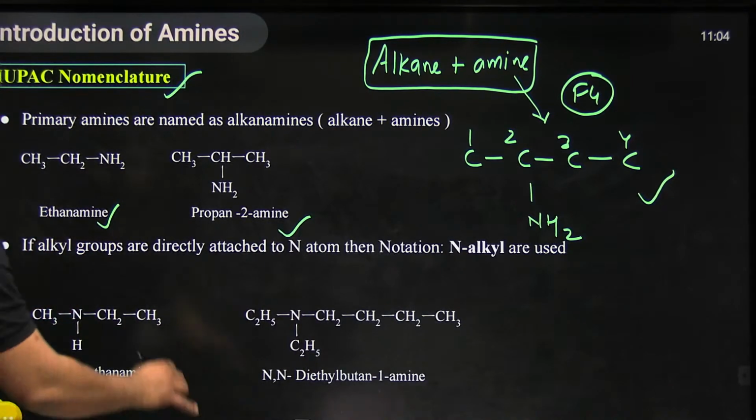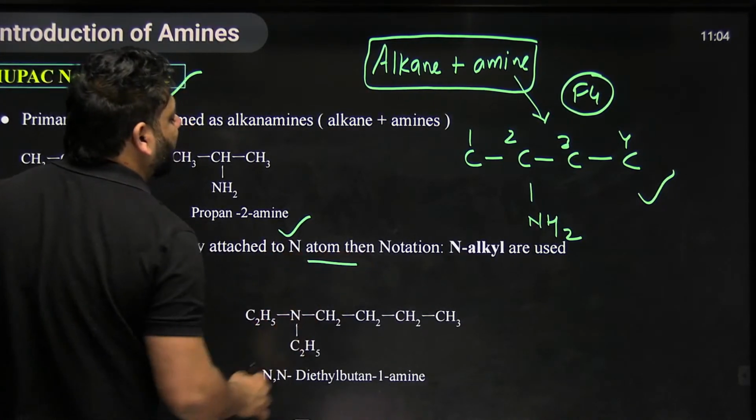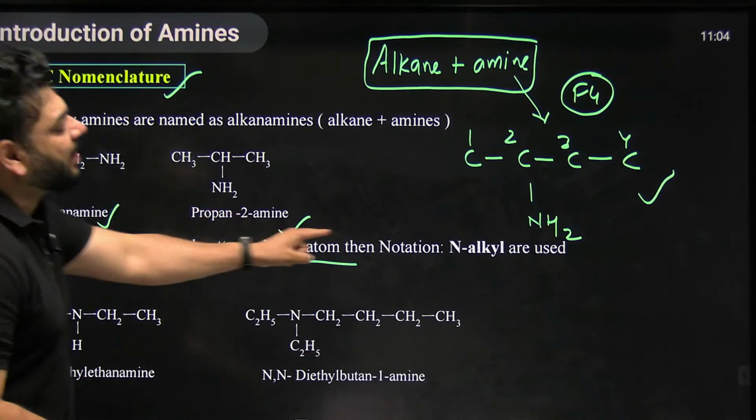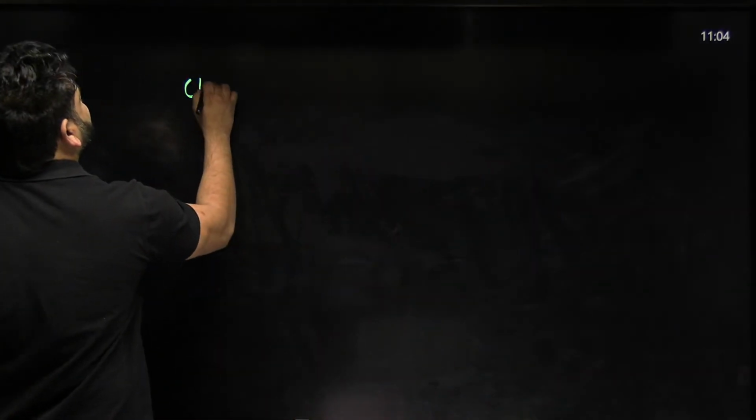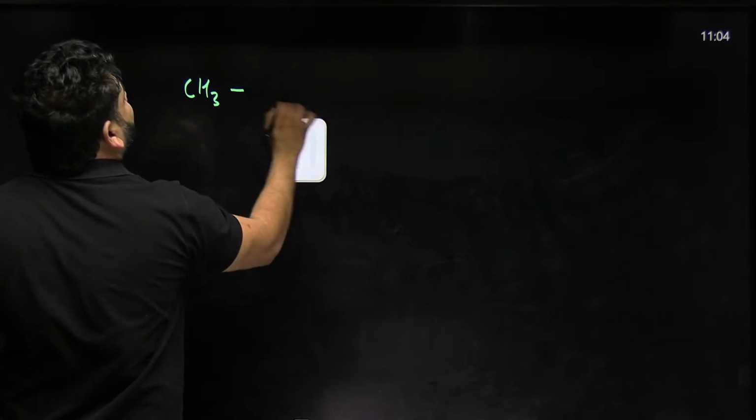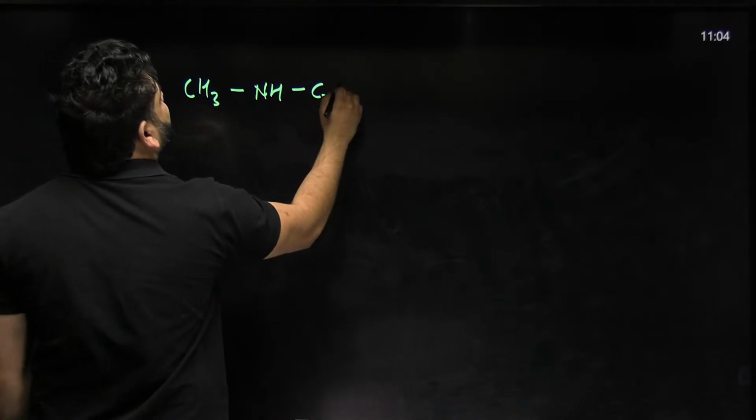Then we have alkyl groups. If more than one alkyl group is there, then we use N-alkyl. Let us say we have this question with us, CH3 and we have an NH group here connected with C2H5.